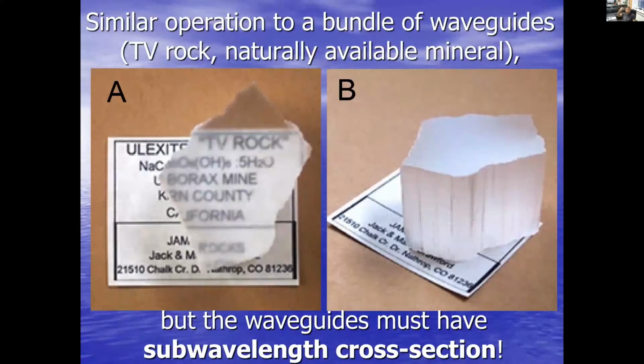If you would like to have an image from one side to another side, you need to have some waveguides which will pass this information from one side of your lens to another side. Over here, this is an optical waveguide, which is pretty large in terms of the wavelength. It doesn't provide any sub-wavelength resolution. So we do need a waveguide with sub-wavelength cross-section. And this is pretty easy.